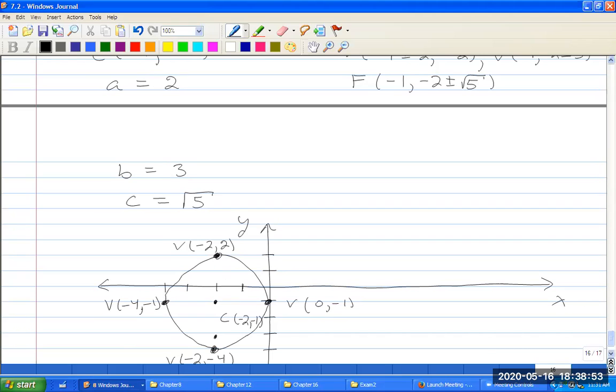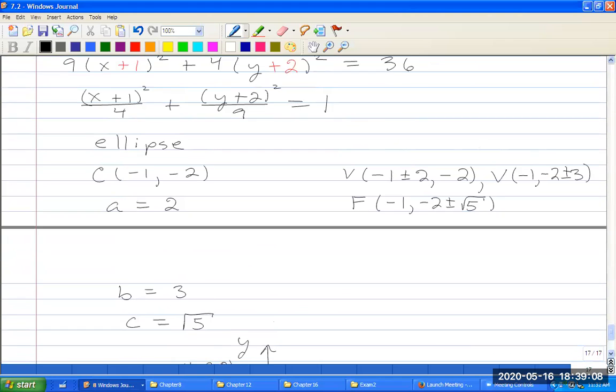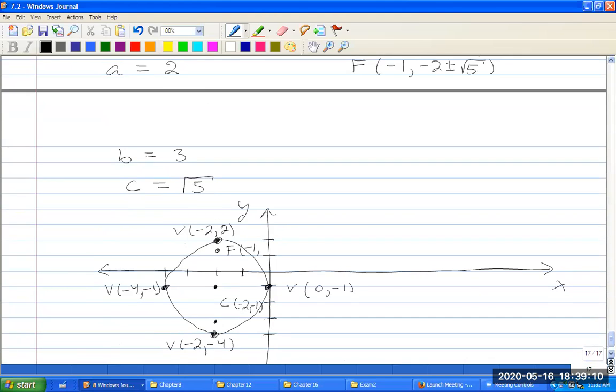A little bit bigger than 2. So the foci are at -1. Which is bigger? The 3 is bigger. Which is the B?